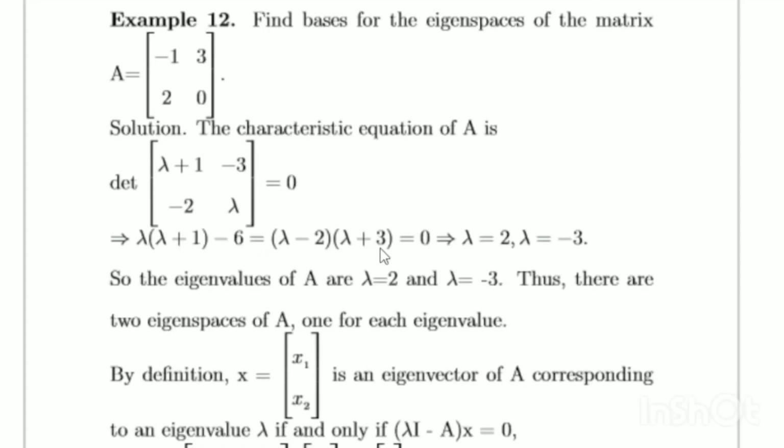By solving this, you find that lambda equal to 2 and lambda equal to minus 3. So the eigenvalues are lambda equal to 2 and lambda equal to minus 3. Therefore, there are two eigenspaces of A, one corresponding to lambda equal to 2 and the other corresponding to lambda equal to minus 3.